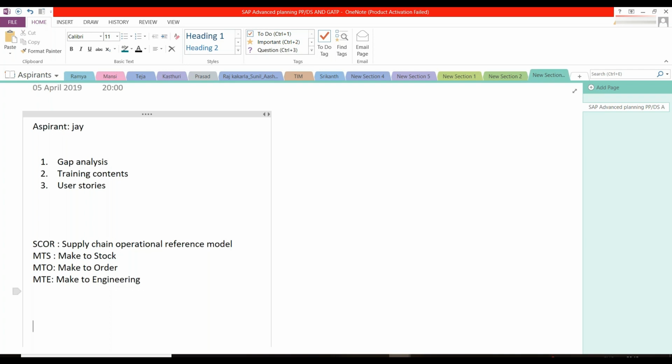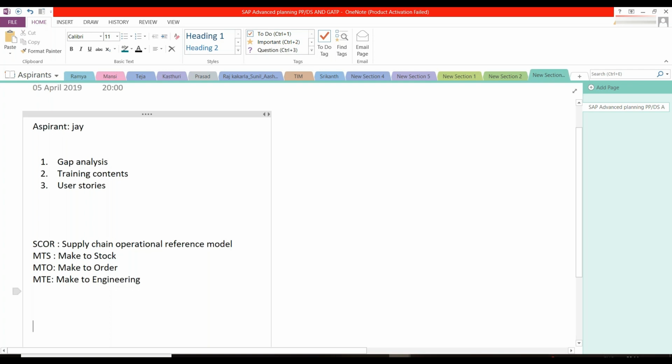Made to stock is where you don't want to give customers a lot of waiting time; you want to deliver at a quicker rate. When you have sufficient bandwidth available, you go for make to order so that you have customer-based order generation. I'm not aware of make to engineering, as I haven't looked into it.